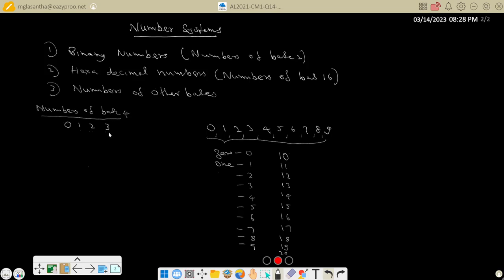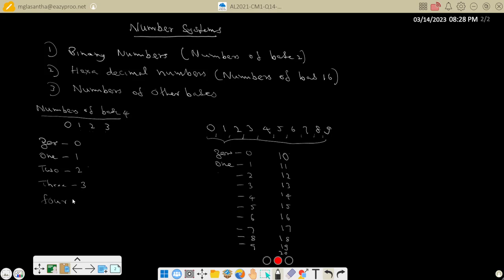Then how do you write the numbers? For 0 you use its symbol, for 1 this symbol, for 2 this symbol, for 3 this symbol.